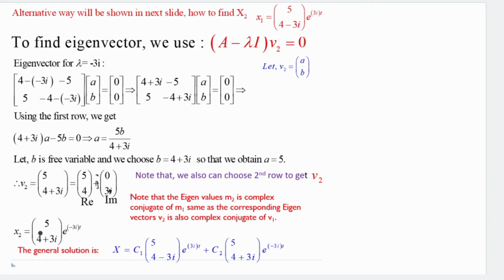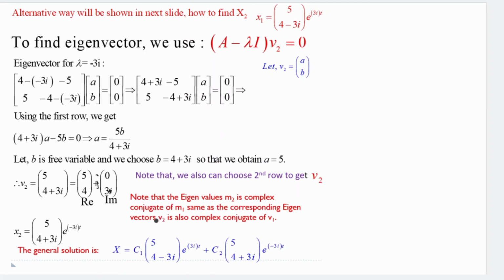Then our x2 equals (5, 4 plus 3i) e^(λt), here λ is minus 3i, so e^(minus 3it). In this case we can write the general solution as x equals C1 (5, 4 minus 3i) e^(λt), this is for B1, and this is for B2. C1 and C2 are arbitrary constants.